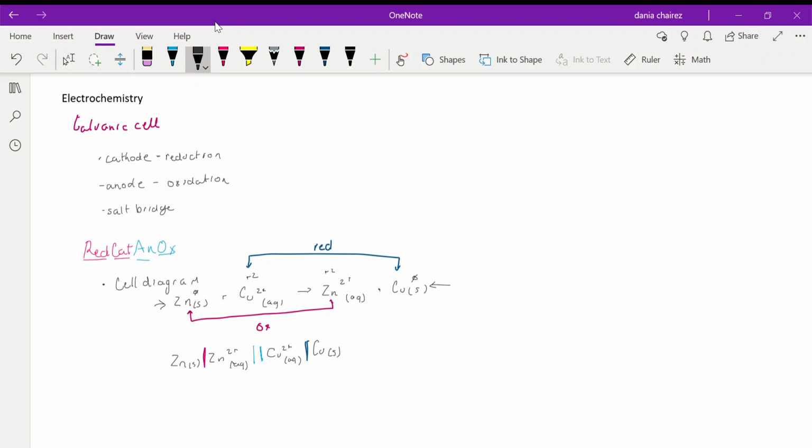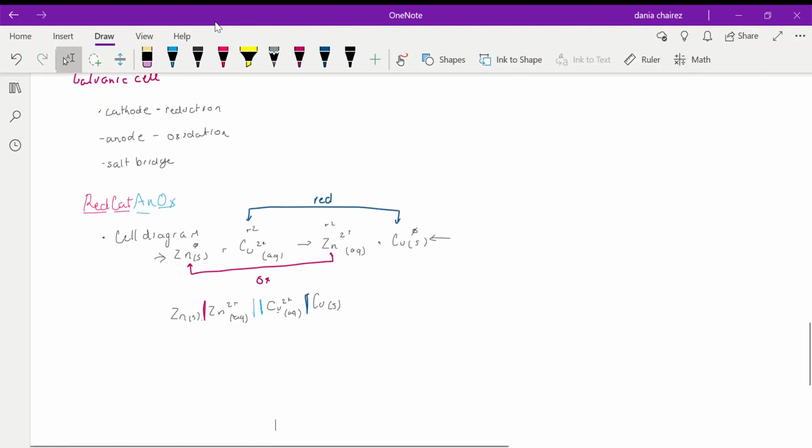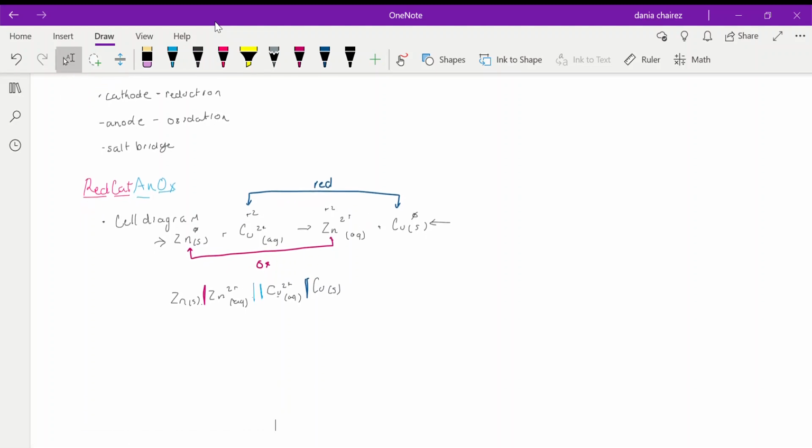The zinc is being oxidized to zinc 2+, then there's a salt bridge, and the copper ion is being reduced to copper solid. That's a summary of what's happening in your galvanic cell and in your reaction. So that's the practical form of a galvanic cell and the way that you're going to see it written down.